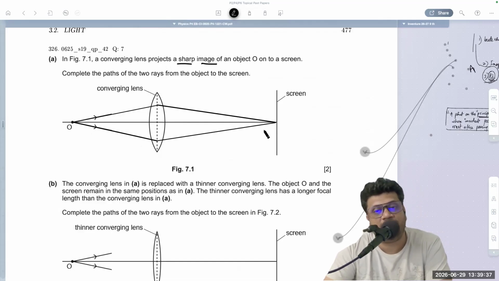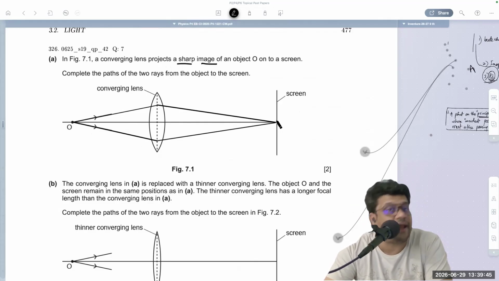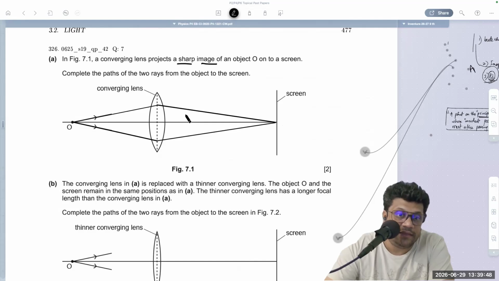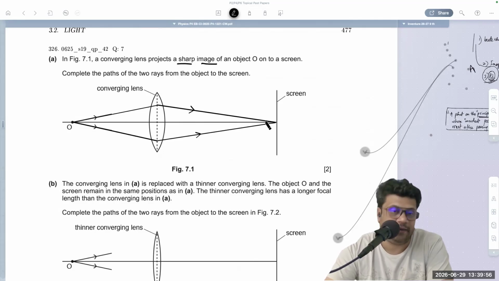A blurred image is created if the rays do not meet right at the screen, and that is why we need to make sure that the rays, after they refract, meet right at the screen.